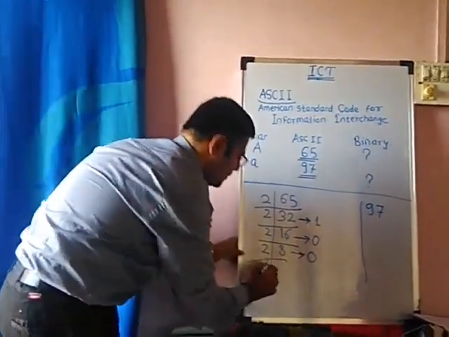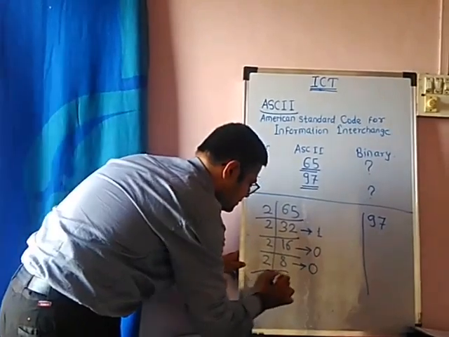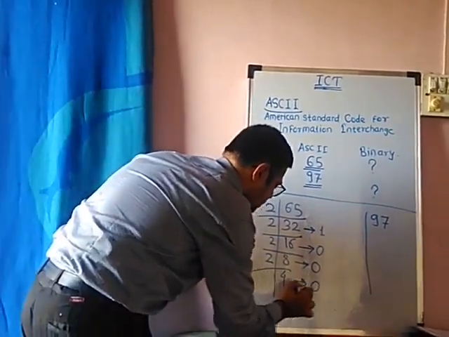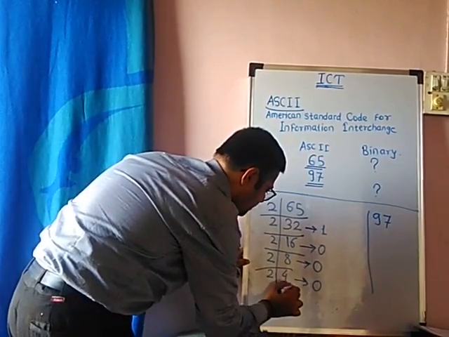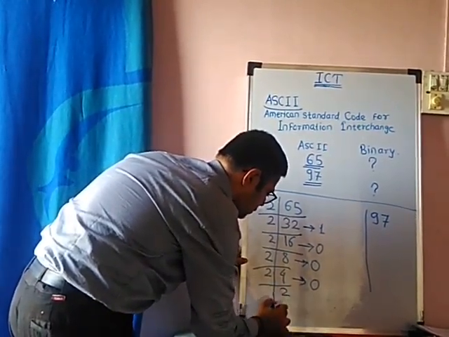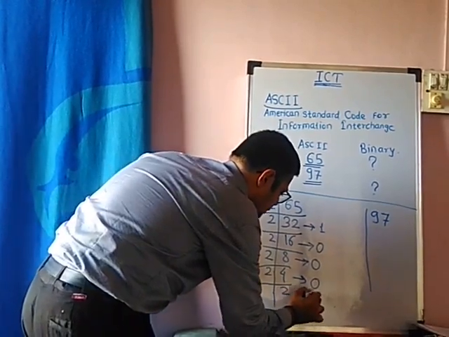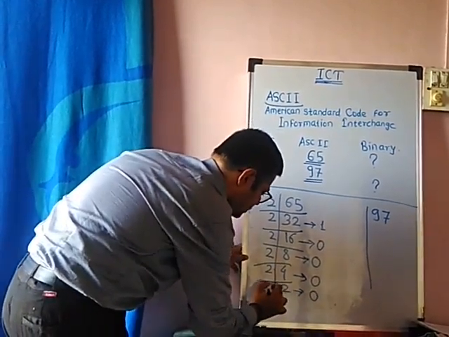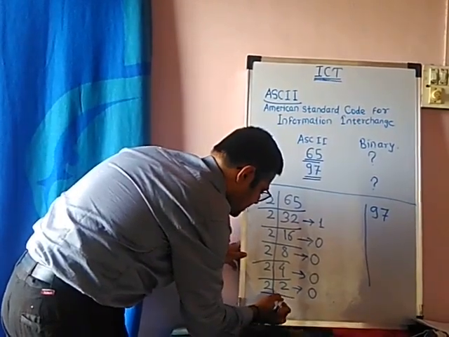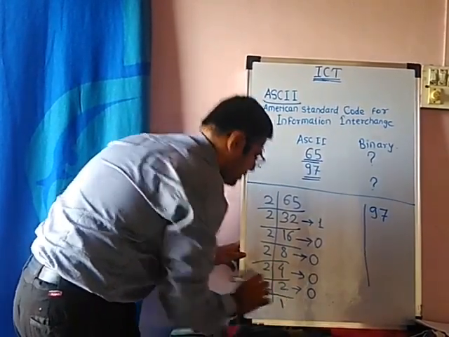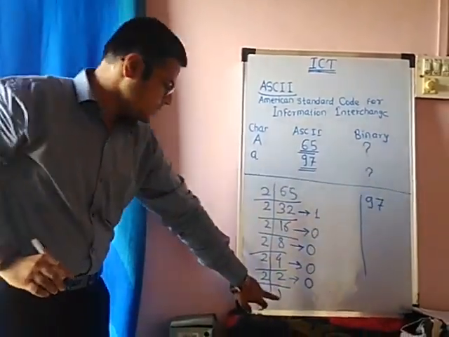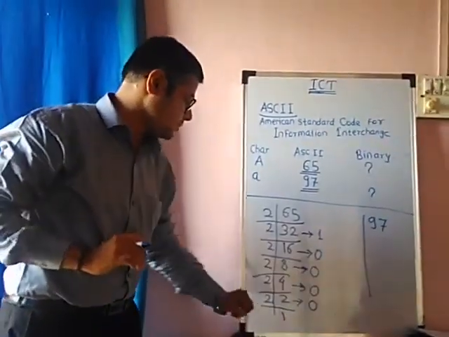Divided by 2. What is the division? 4. Okay, 4 and remainder is 0. Divide 4 again by 2. Division is 2 and remainder is 0. Divide 2 by 2. Okay, so here the division is 1 and you have to finally stop here. When 1 is there, you have to stop entire process.